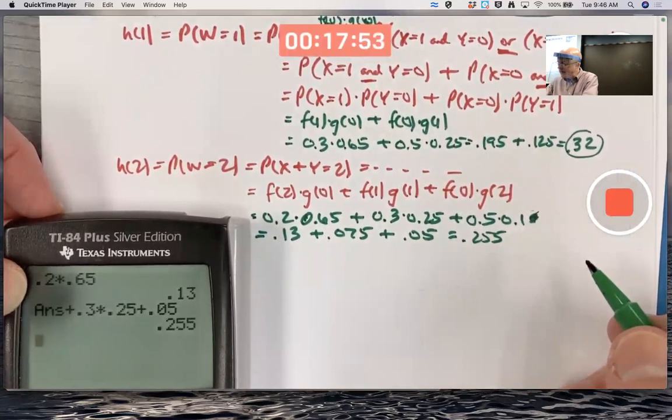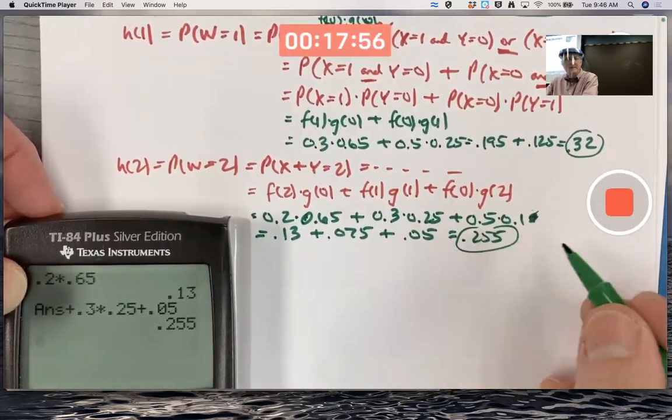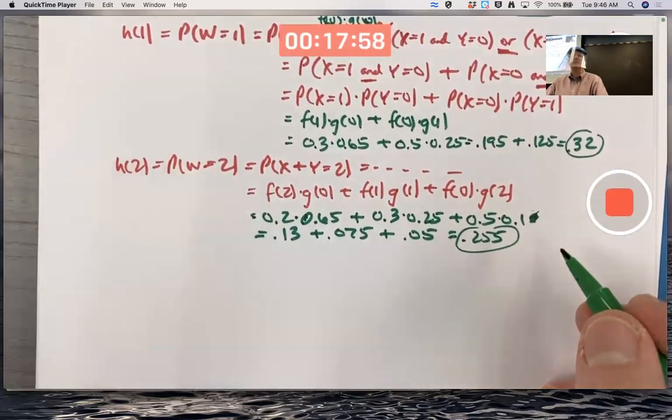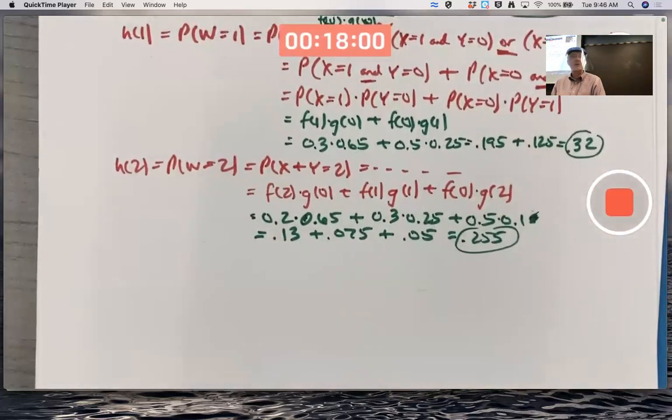Yeah. Yep. Okay. That's the probability that the sum of the two variables is 2.